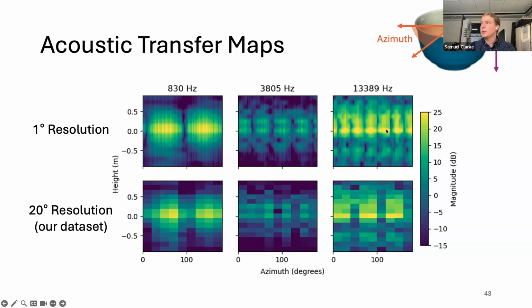We can see that, especially at high frequencies, we are below the spatial Nyquist frequency at a 20-degree azimuth resolution. This may motivate acoustic super resolution approaches or data-driven models that use some measurements and then are able to interpolate at a higher spatial frequency than the measurements are taken.